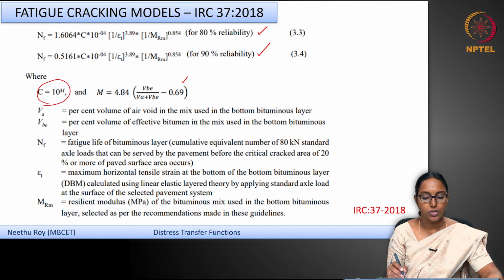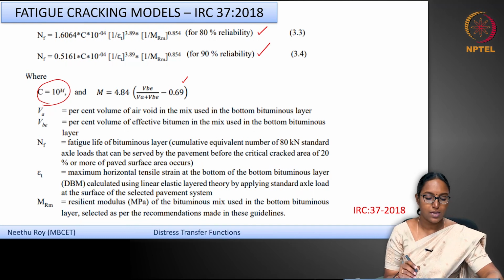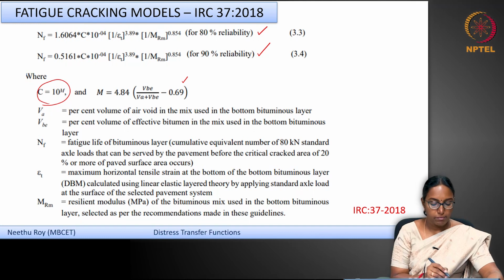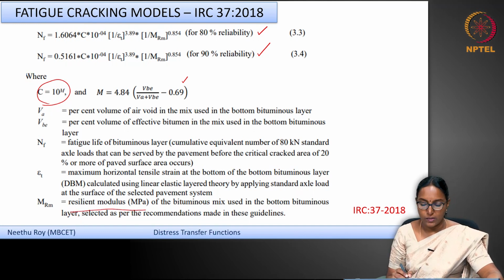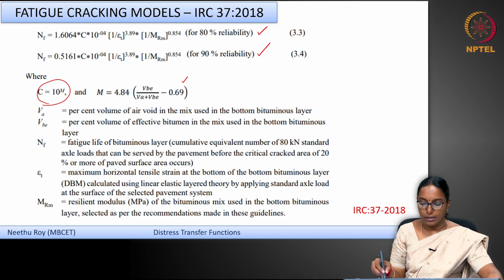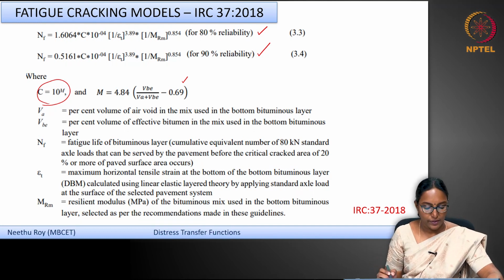Essentially this C and m relate to the characteristics of the bituminous mixture we have considered. MRm here is the resilient modulus in megapascal of the bituminous mix in the bottom bituminous layer, selected as per the recommendations provided in the IRC 37 guidelines.